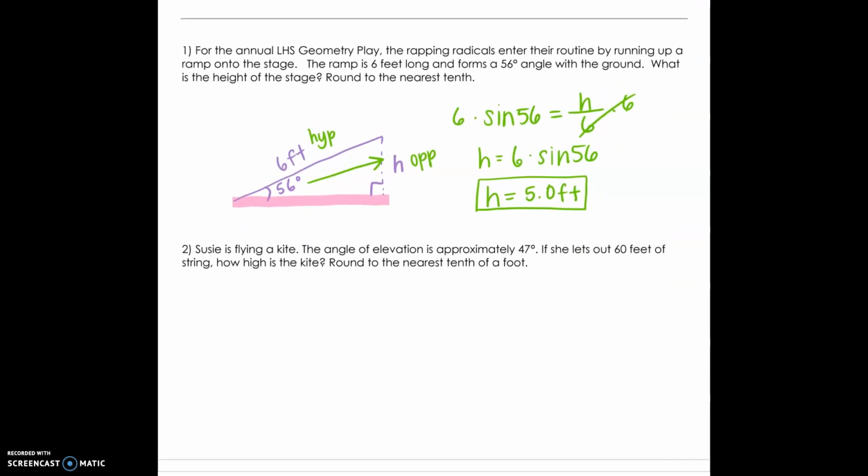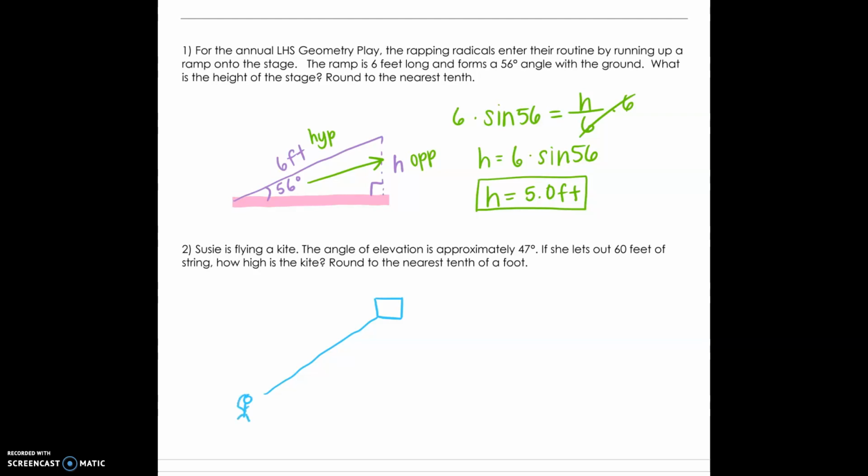Number 2, Susie is flying a kite. The angle of elevation is approximately 47 degrees. If she lets out 60 feet of string, how high is the kite? Round to the nearest tenth of a foot. So it's always best to draw any object that they're talking about in the word problem. So let's draw our kite first, right? We have a diagonal string with our kite at the end of it.